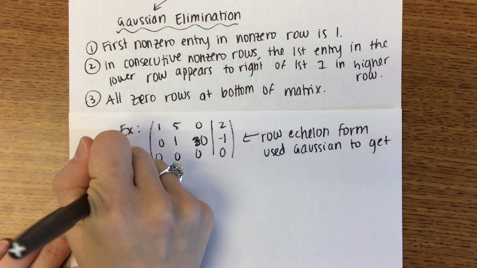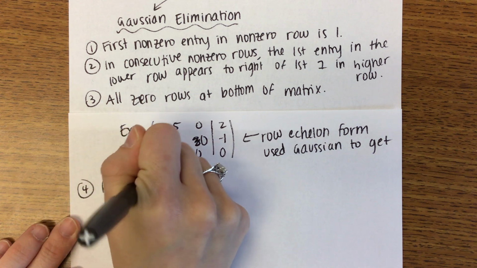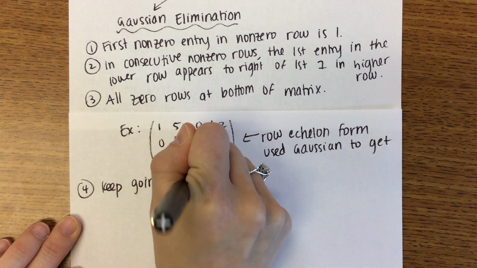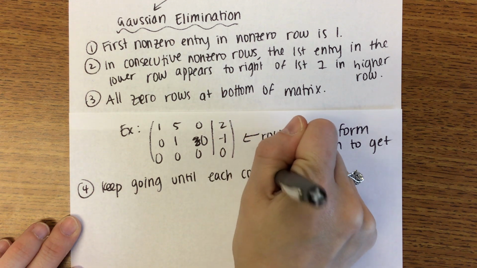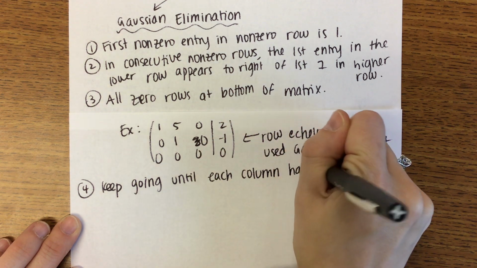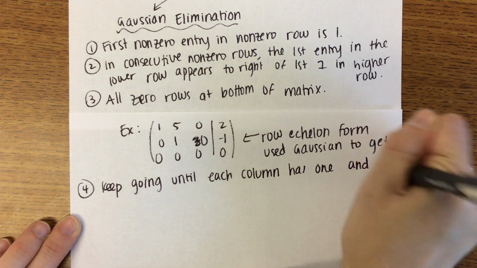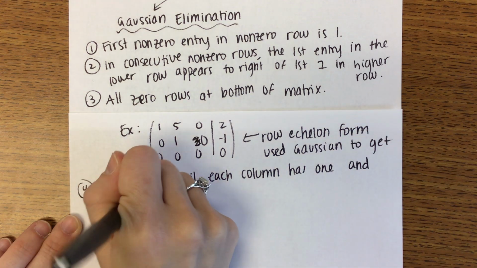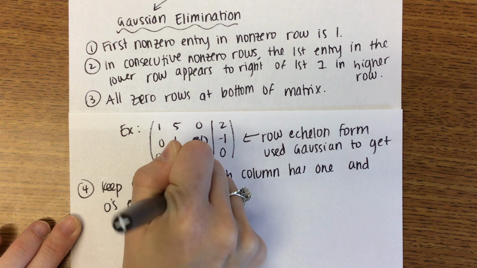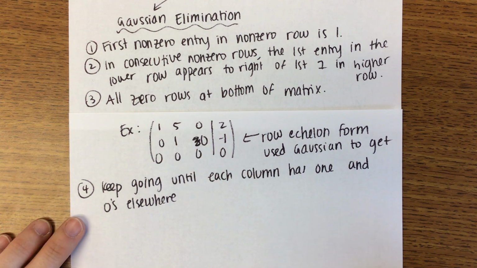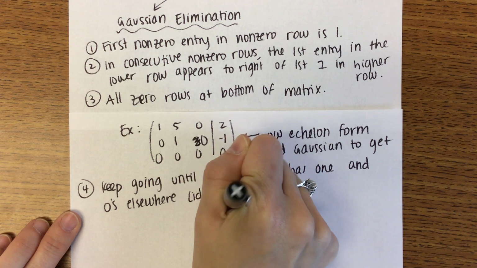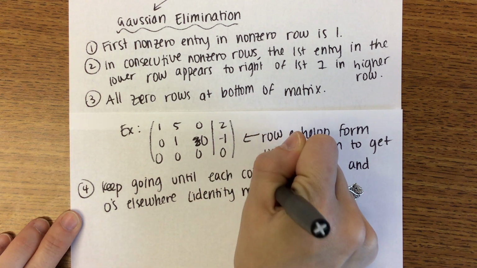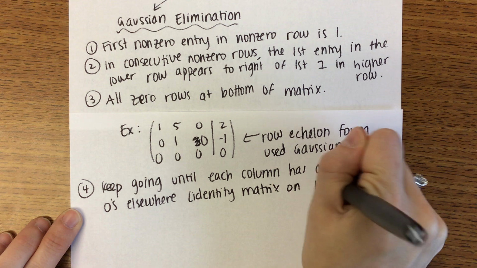So you're going to keep going until each column has a single 1 and zeros elsewhere. Like I said, what I really mean is I want the identity matrix on the left.